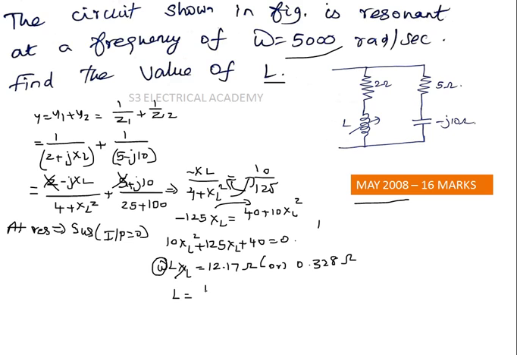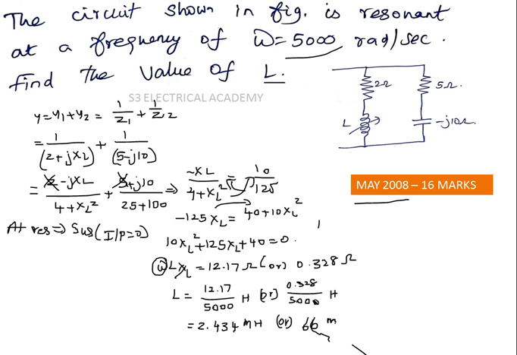So L is equal to 12.17 by 5000 henry, or 0.328 by 5000 henry, which is equal to 2.434 millihenry or 66 microhenry.